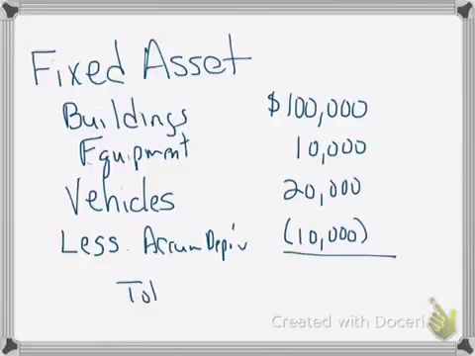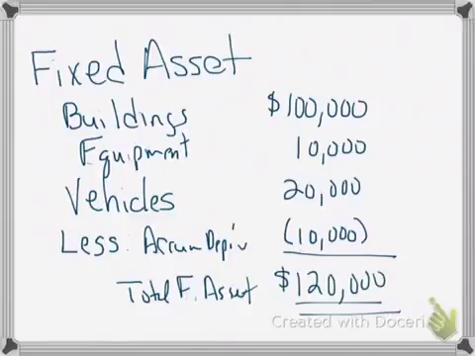And then you would come up with a total fixed asset section. And that total fixed asset section would add up all of your assets, and it would subtract the accumulated depreciation from it. And so what you'd be looking at is roughly that $120,000. So you're getting the net value.